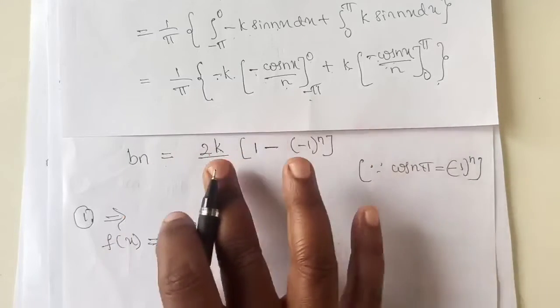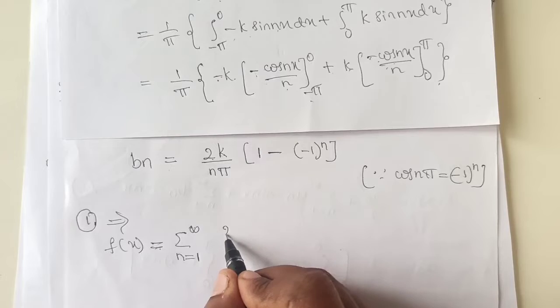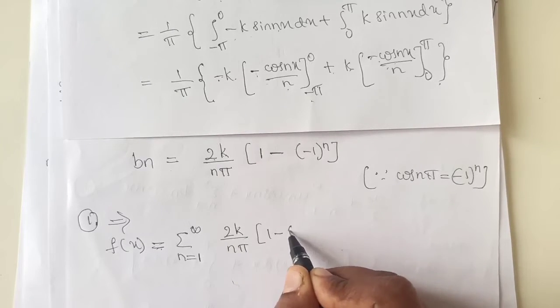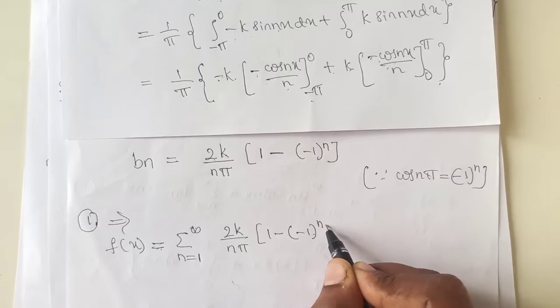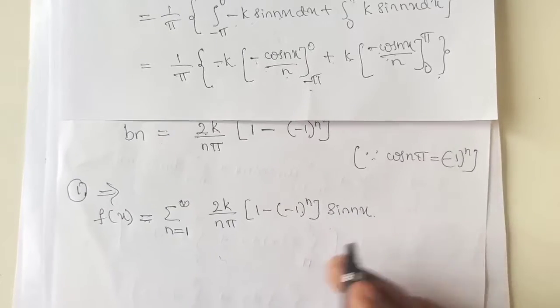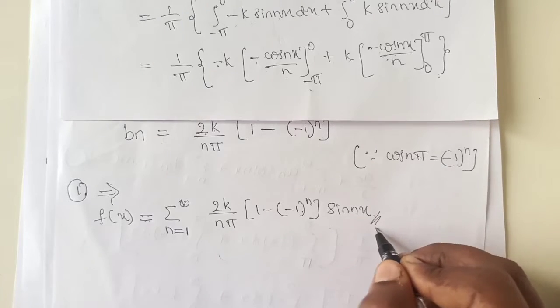Bn value, we substitute this bn value 2k by n pi into 1 minus minus 1 power n into sin nx. So this is the required Fourier series.